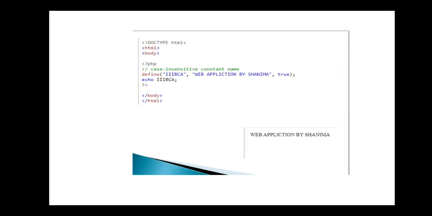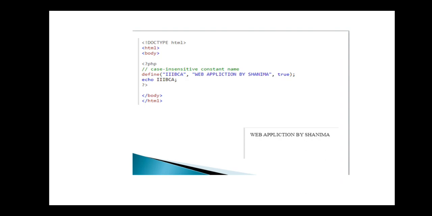I have created one small program where we can use the constant. I have used the HTML tag, body, then I began the PHP script with the question mark PHP tag. Then you can see the comment, case insensitive constant name. I am defining the constant using the define function.